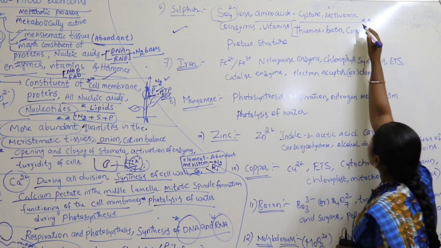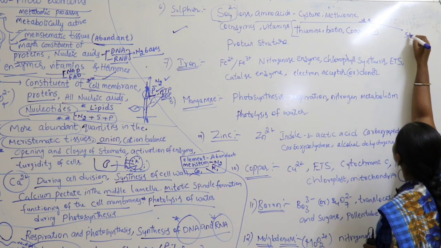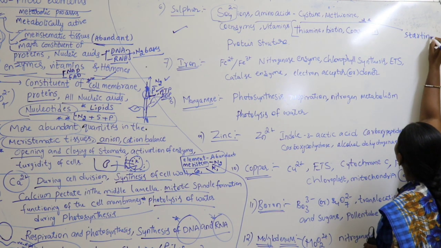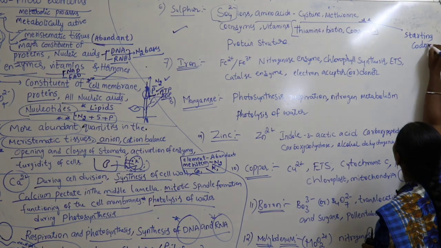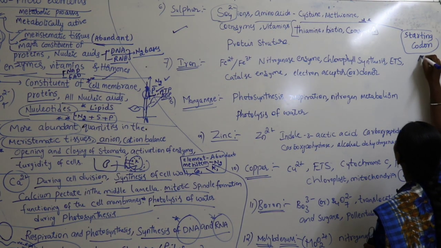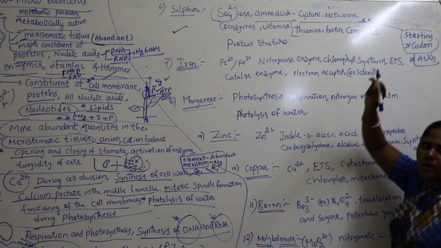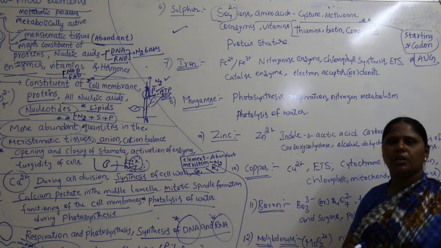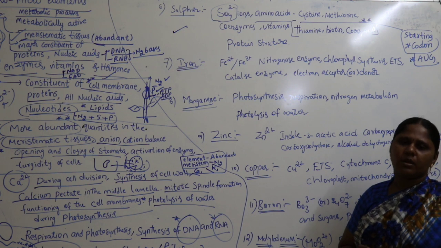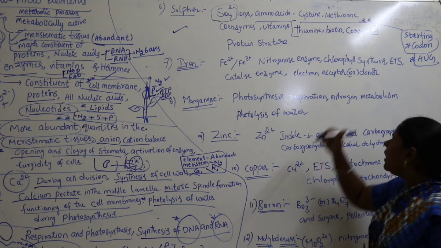This methionine, what you find here, is also called the starting codon. Guys, try to remember the term starting codon. It is represented by AUG. We will study it in molecular biology. What is AUG?